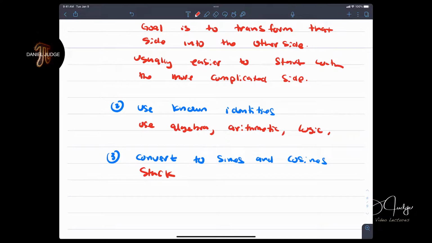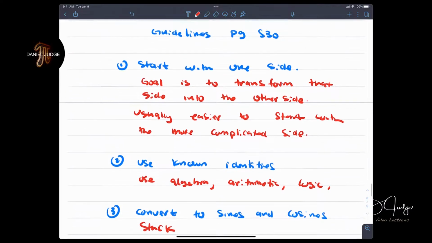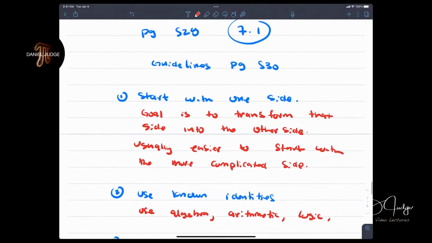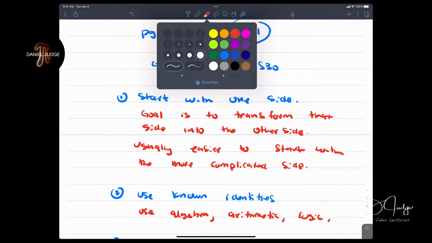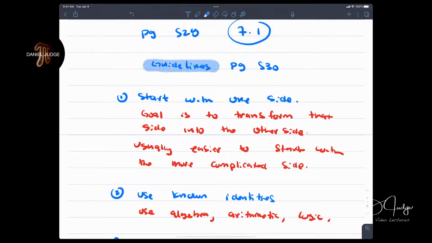So this is kind of everything that I started to talk about with you guys in my notes, but I just want to coordinate this with the textbook that you guys have. These are the guidelines on page 530, section 7.1.